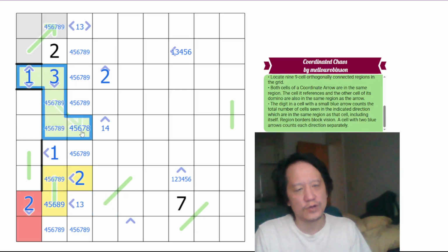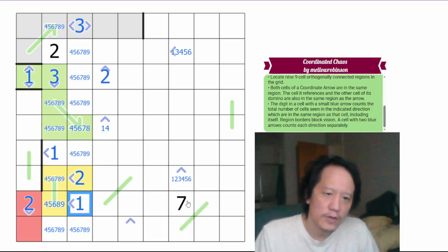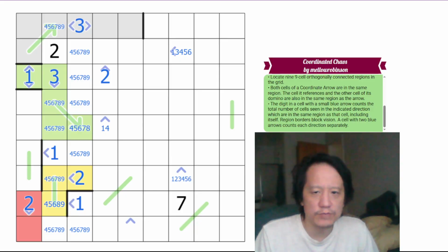This is green. This can never be 3, so this must be 1, which makes this a 3. So this is light. It has to go that way then, and then its border ends. This has a border here, so this is a border with the 2.